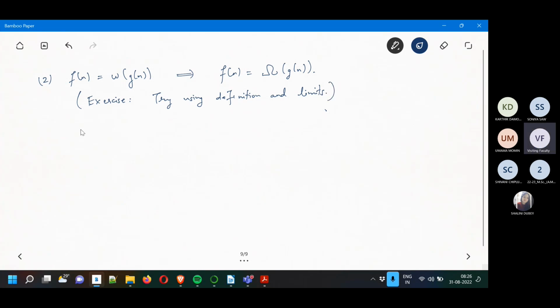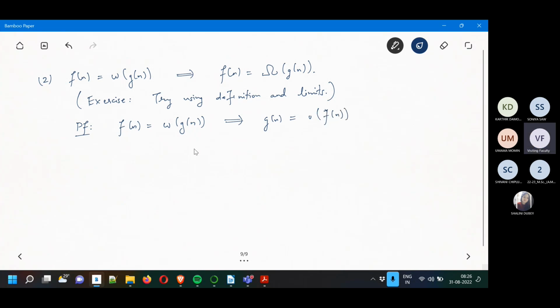But let me give you a shorter proof using all that we have seen so far. Shorter proof is, f n is little omega g n. This is if and only if g n is little o f n, right? Because it's the limit, you look at the reciprocal. We have already seen that. So this implies g n is little o f n.